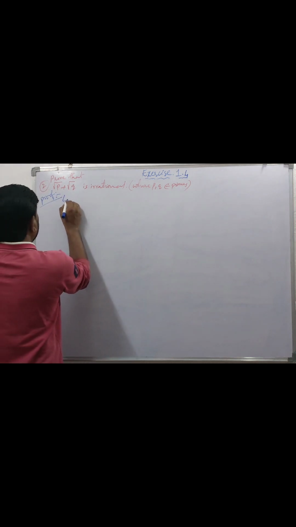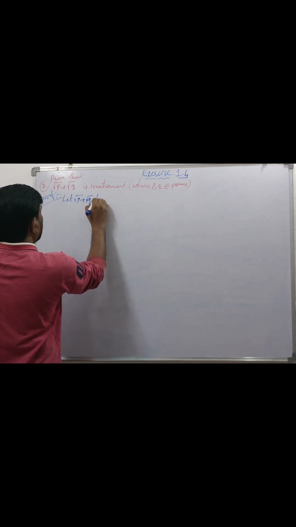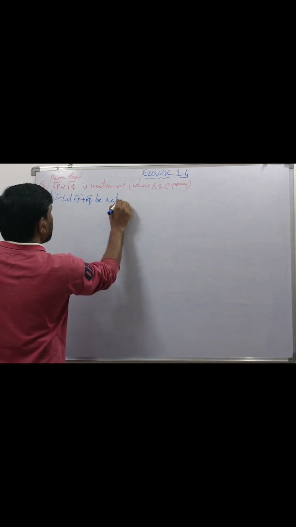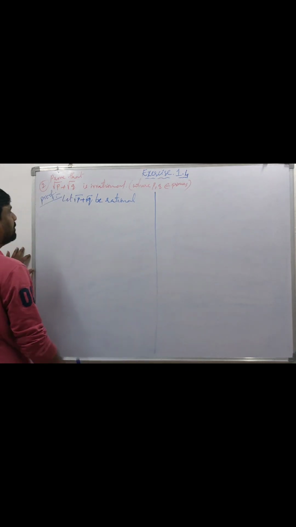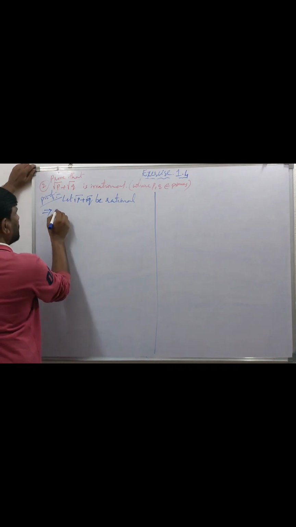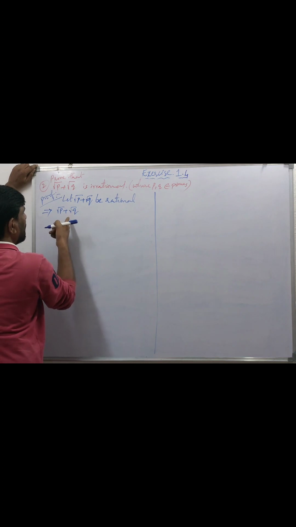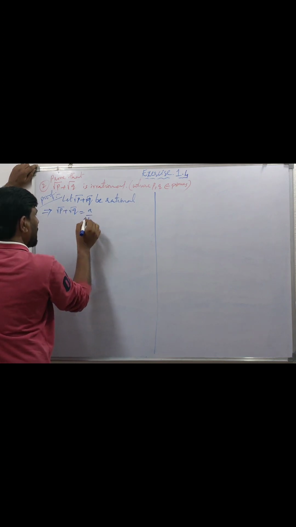So I am assuming let root p plus root q be rational. Same procedure, there is no change at all. Once it is rational, definitely it should be in the form p by q, but p and q are already used in the problem itself, so I am assuming a by b.